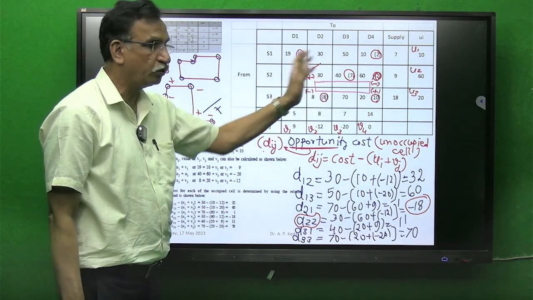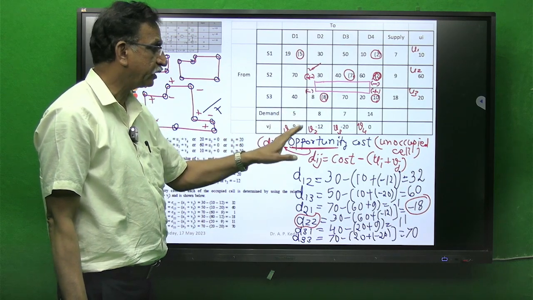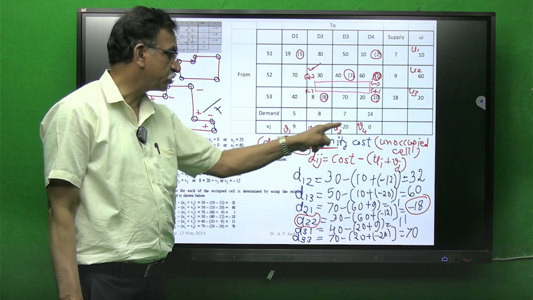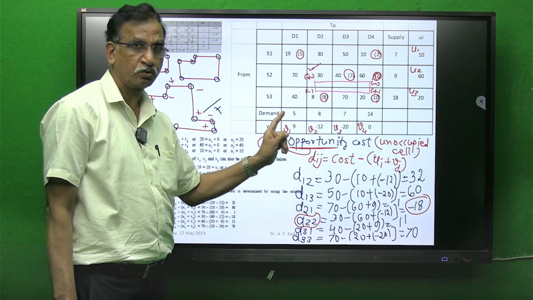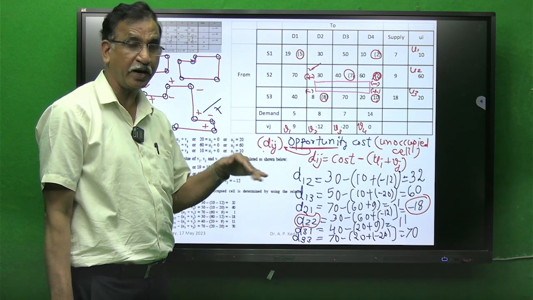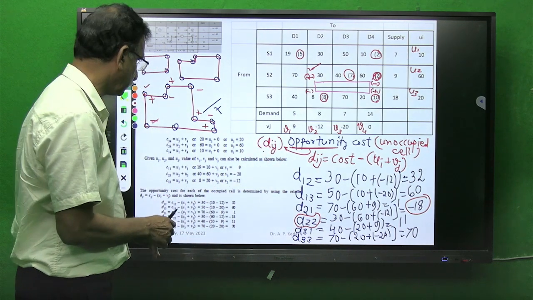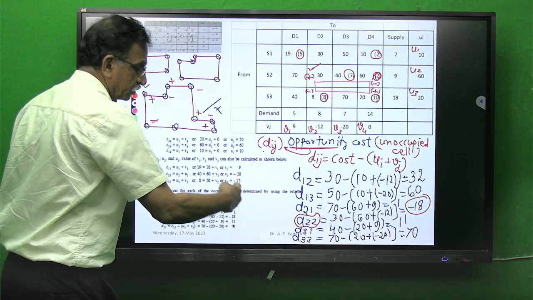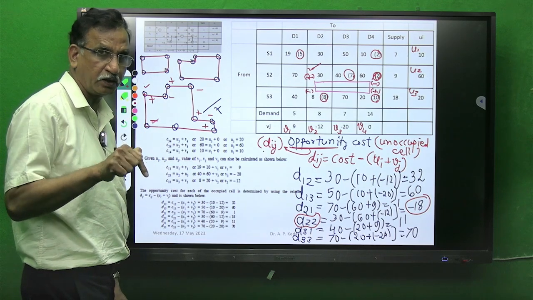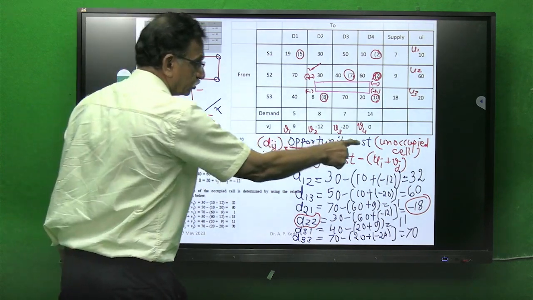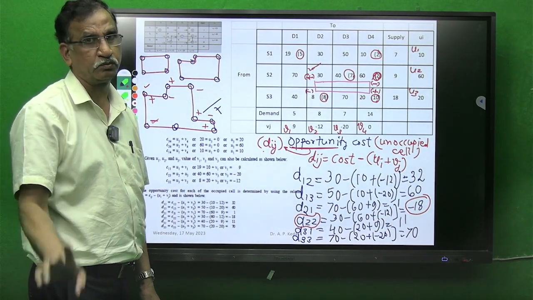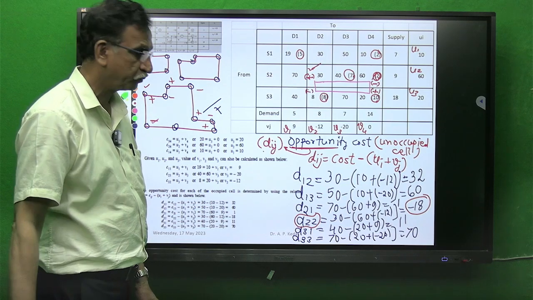We'll get new allocation as I have mentioned, and then we have to again cross check it by doing this business of assuming U0, U1, U2, U3 or V1, V2, V3, 0 as the case may be, and then moving further. So that we'll see now. But remember, this particular calculation is repeated till you get all opportunity cost either 0 or positive. 0 will do, but no negative. Got it? Let's move ahead.